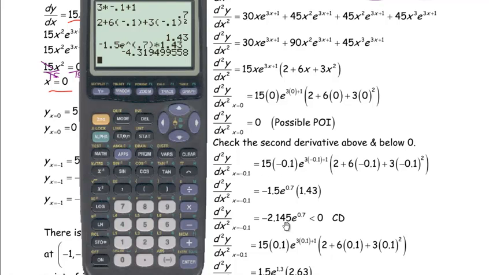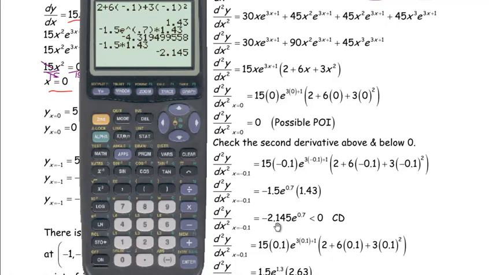Well, actually, I guess I didn't do the entire calculation here. I left it as a power of e. So there's my negative 2.145 e to the 0.7. See, e to the 0.7 has to be positive, so this negative here is what means it's less than 0. It's concave down.